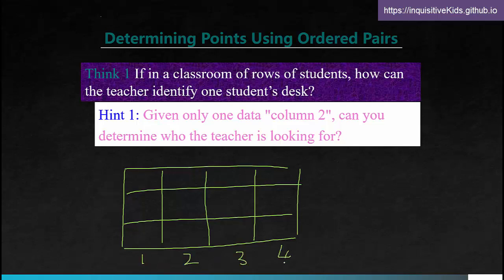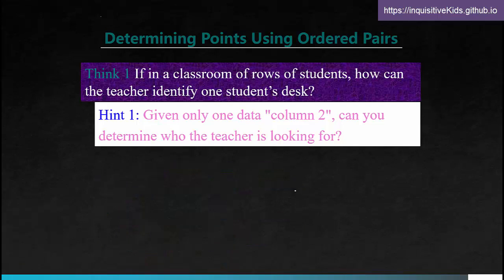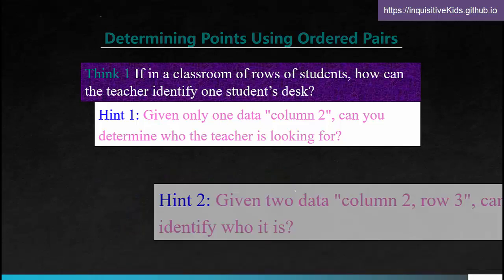Column 2. Well, that would be all of the students in column 2. You don't know which one you're specifically referring to, right? Because there are rows and there are columns. So what you can do is add in another parameter.